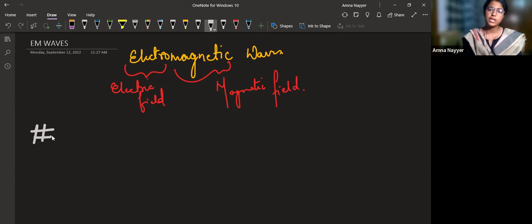One point says that if the electric field is time varying, it means an electric field which is changing as the value of time is changing. For example, at t equal to 0 seconds, some value of electric field exists. At t equal to 5 seconds, some other value exists. At t equal to 10 seconds, the value has changed. In a normal circuit, the electric field's value is constant, let's say 5 volt per meter.